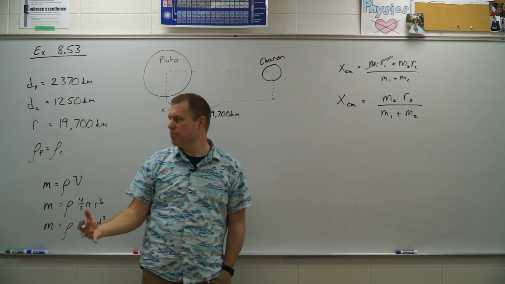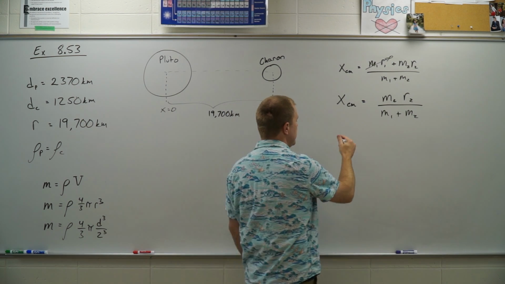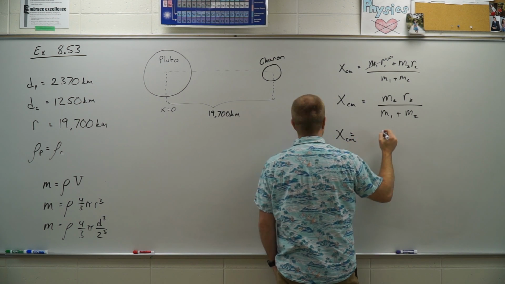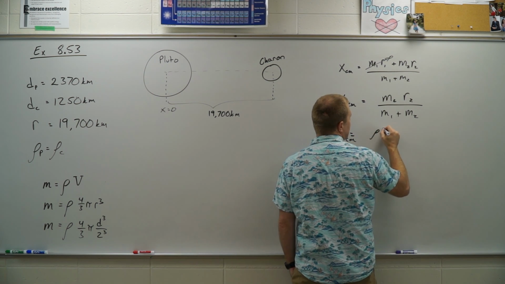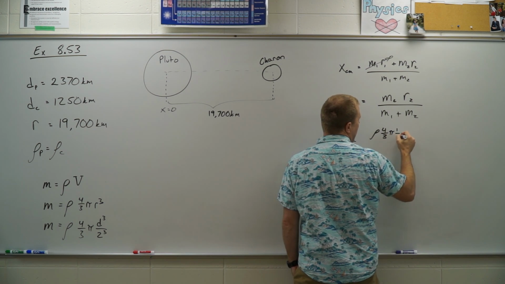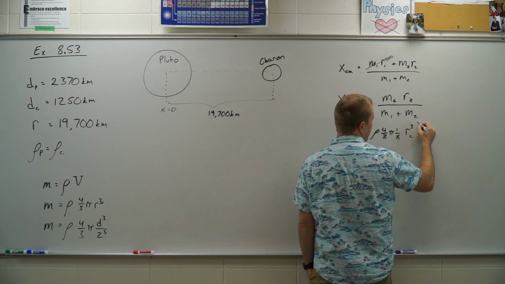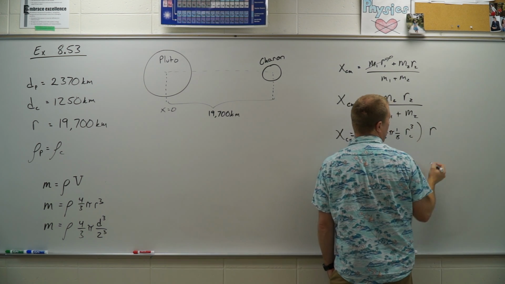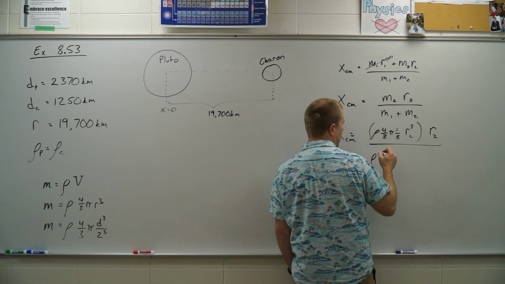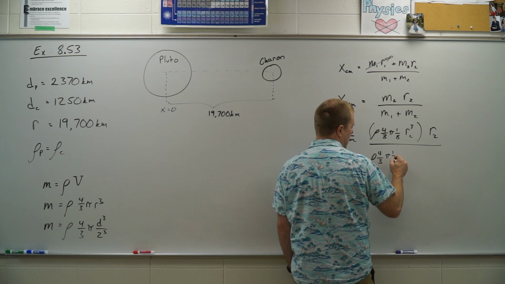Now you might argue with me that we only know the diameters, we do not know the masses. Well, what I'm going to do here is make that substitution for all of that stuff. And so I have the density times 4/3 pi, and then I have the 1/8 times r of Charon cubed, times r2, all divided by density times 4/3 pi times 1/8.